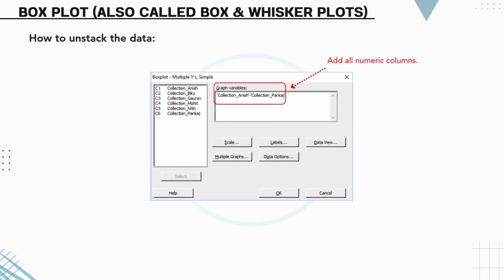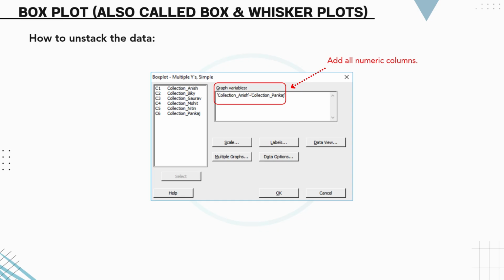This slide demonstrates the final step in generating a multiple-wise, simple box plot in Minitab after the data has been unstacked. Once your data is unstacked, as shown in the previous slide, each numeric variable, such as collection Anish, collection Biki, collection Gaurav, and so on, will appear in its own column.